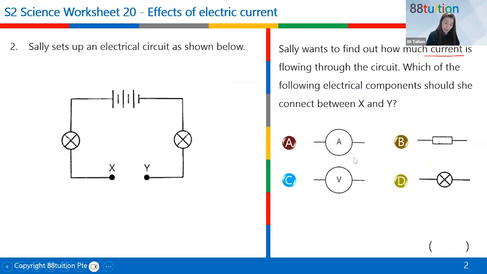Okay, then this is the ammeter. Label it yourself and label the voltmeter also. What is B? What do you think this component is? What's the name of this component? Type it into the chat.